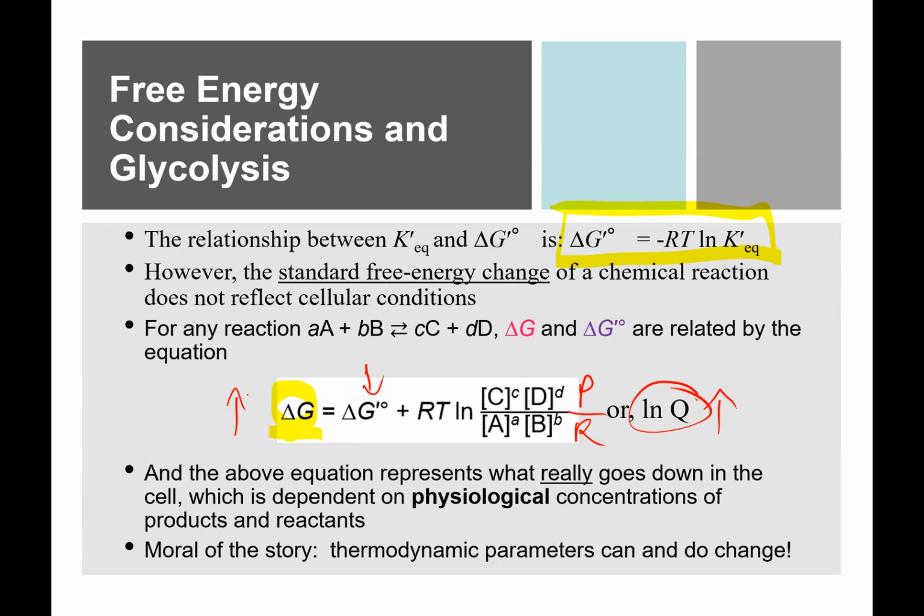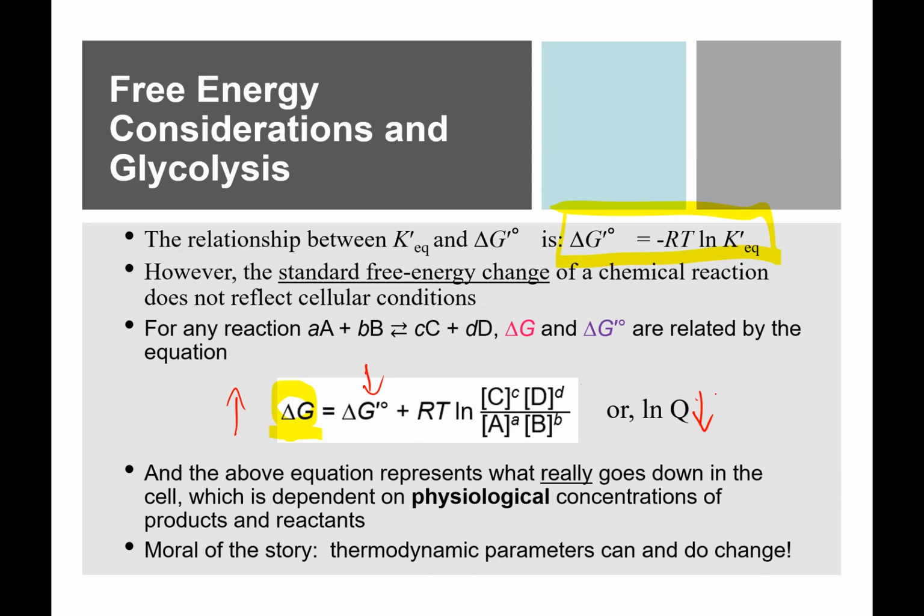On the other hand, if the concentrations of the reactants are large relative to the products, the opposite happens. Q gets small. If it becomes fractional, we start to get a negative value for ln of Q, right?